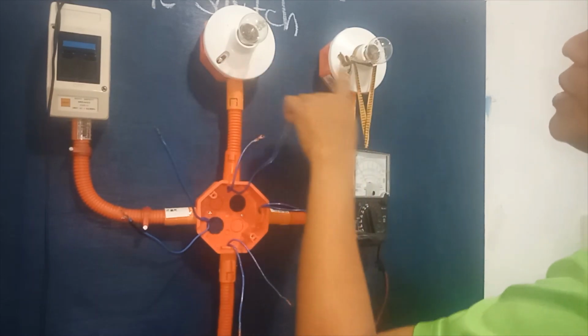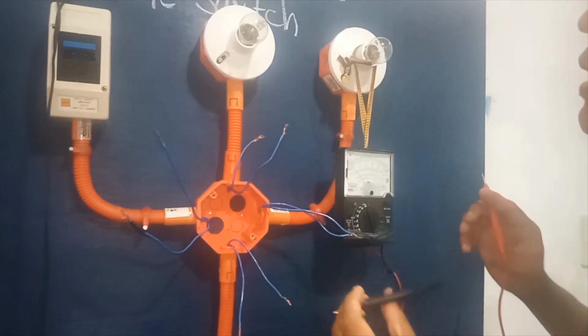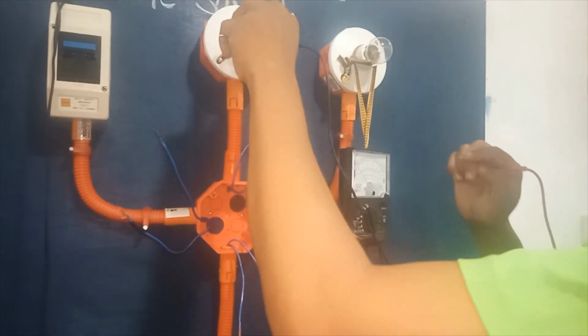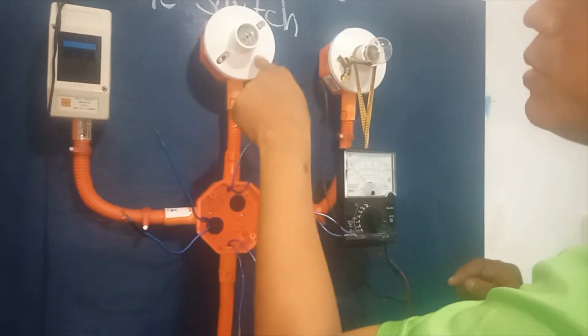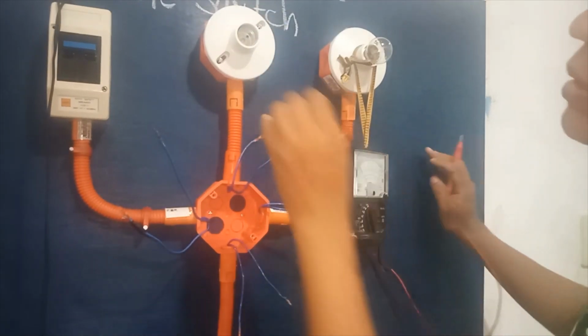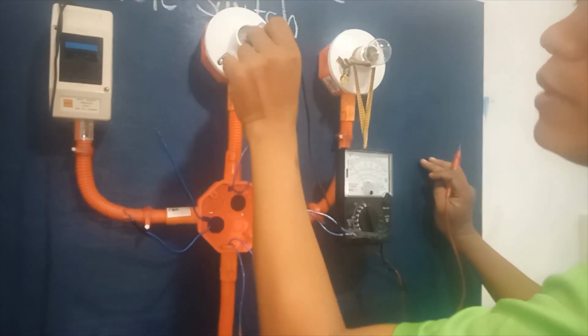Paano ba natin talaga mahanap itong neutral line connections dito sa ating load, since dalawa rin ang wire? Ang gagawin natin guys, tutukang maigi dyan sa loob mismo ng ating receptacle or lamp holder. Meron dyan dalawang parts. We have here the center conductor and we have the neutral line connections here.